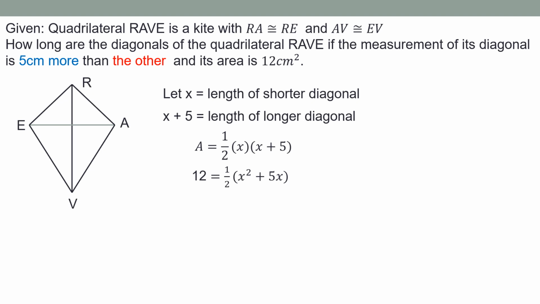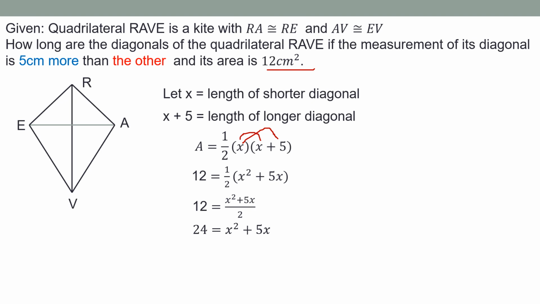Substitute the given area, which is 12. And then we multiplied x times x plus 5. x times x is x squared, and x times 5 is 5x. Multiply both sides of the equation by 2 to eliminate the denominator 2. This results in 24 equals x squared plus 5x.